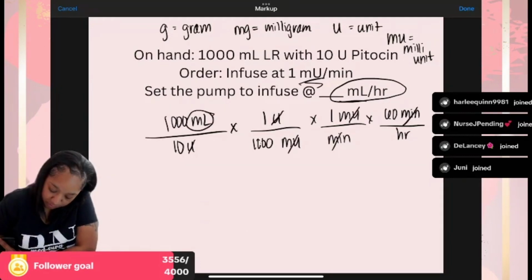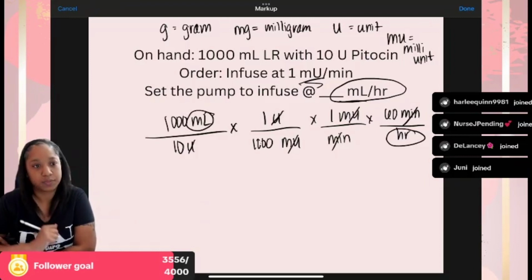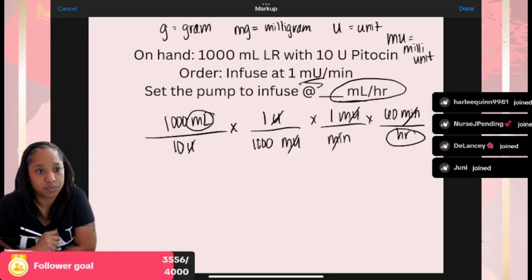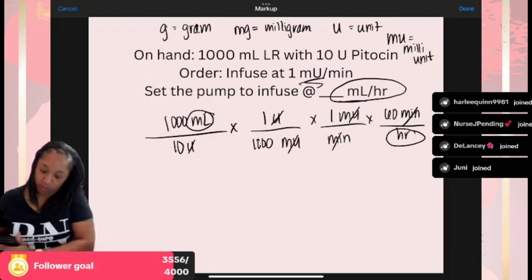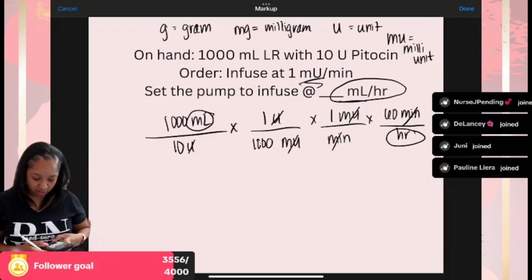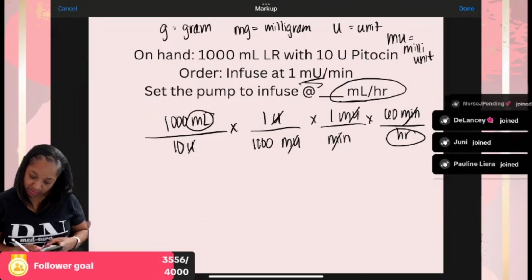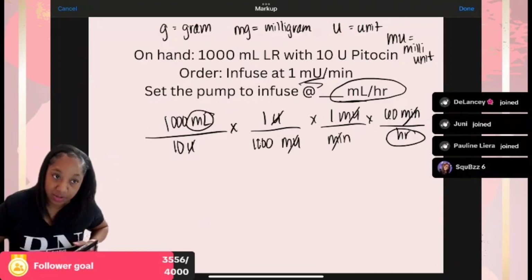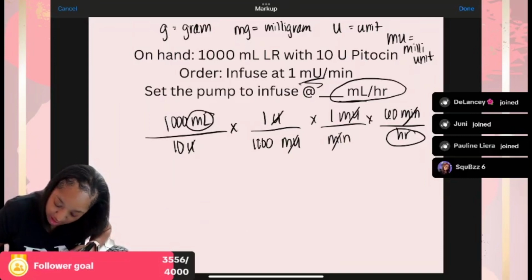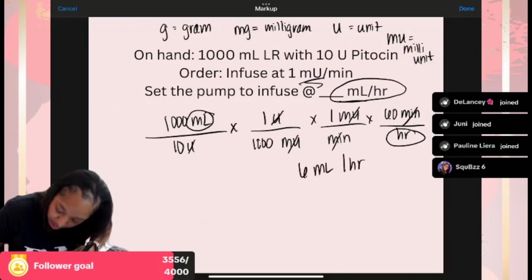Look at that. That's what we're left with, okay? So 1,000 times 60 divided by 10 units divided by 1,000. So that is going to be, yes, square biz. I'm talking square biz to you, baby. Boom. That's that.